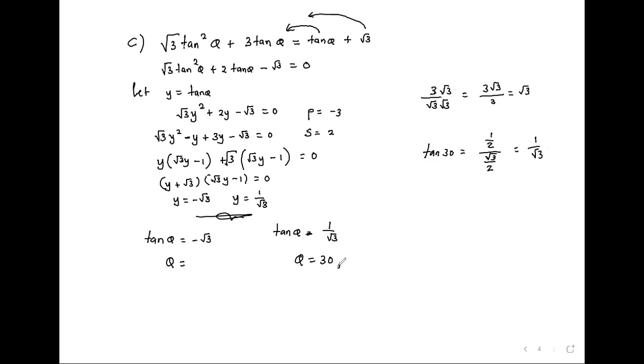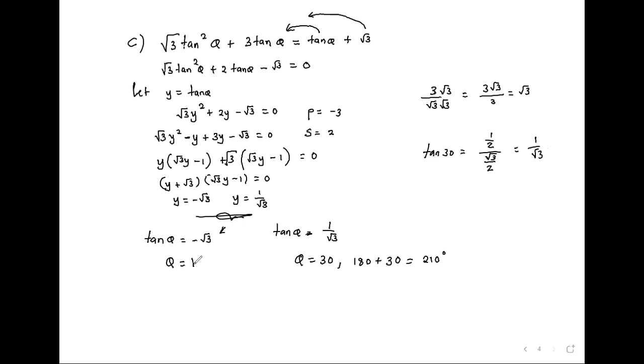For this one, we have found 30 in the first quadrant. You also go and find 30 in the third quadrant where tan is positive, by adding 180 plus 30. Then the one that gives root 3 is 60, but this is minus.